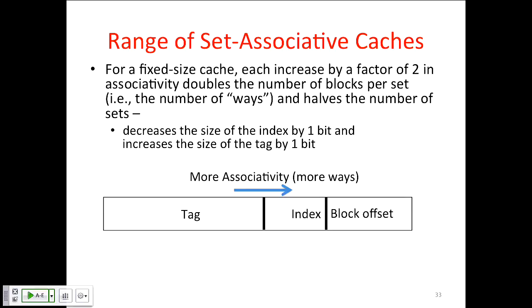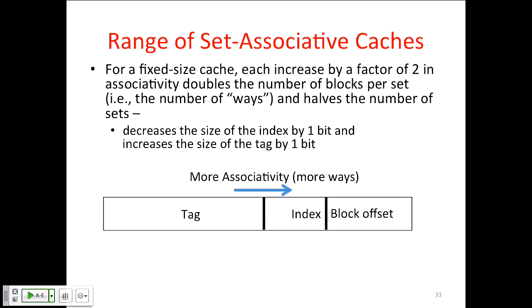The way this breaks down for the address bits, you have the tag field, the index field, and the block offset. If you keep the cache size the same, as you add more ways, you reduce the number of sets you have. More ways means more places within one set, so you need fewer sets to hold the same number of lines.